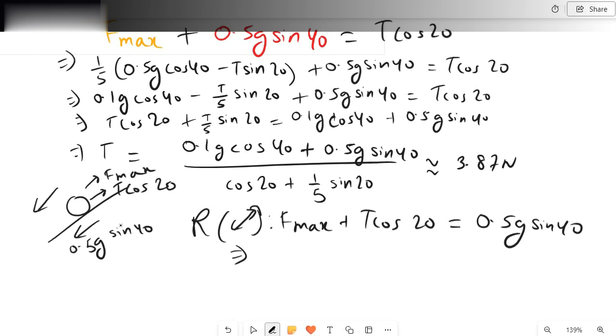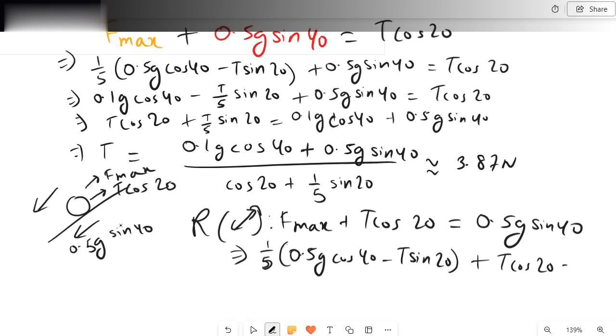So F max is equal to 1/5 of (0.5g cos 40 minus T sin 20), plus T cos 20 is equal to 0.5g sin 40.